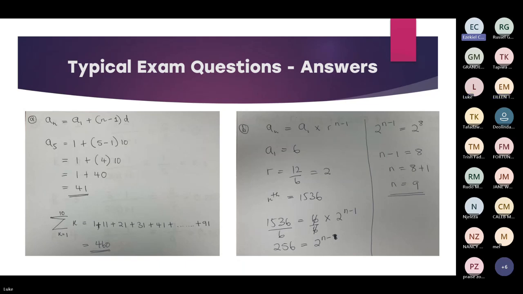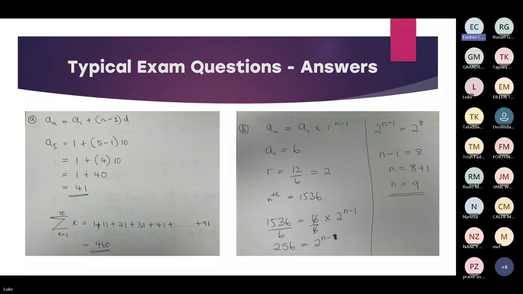So they've just said let our nth term, which is an, be 1536. And then you know the first term and you know r. So what you need to do is to just find the n, which is at the power. So they've plugged in the nth term as 1536, the first term there is 6, and the common ratio is 2, and they've used the laws of indices.